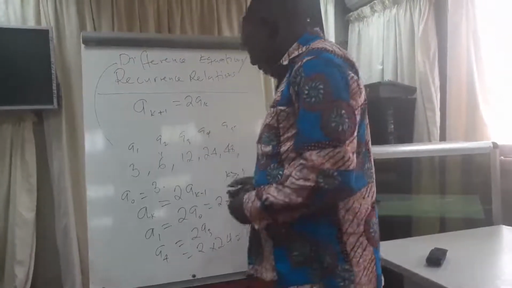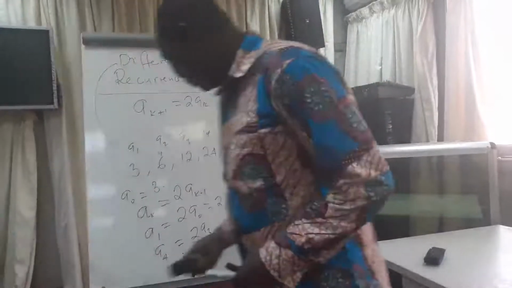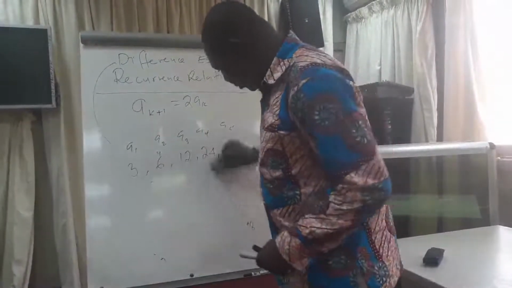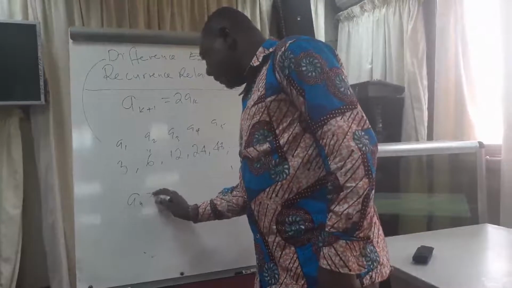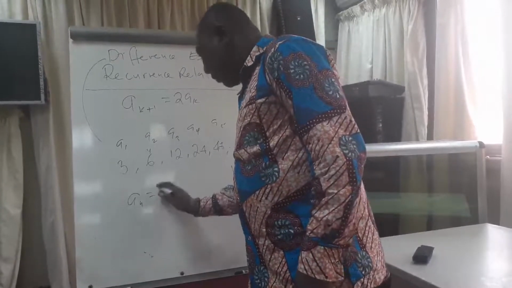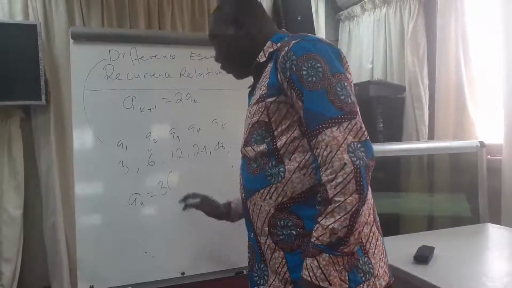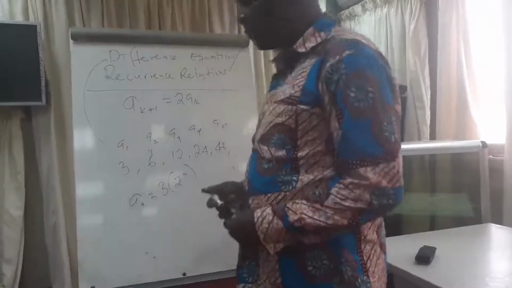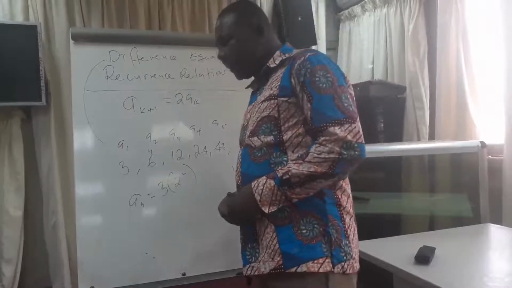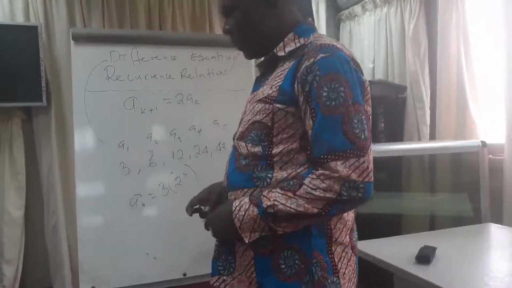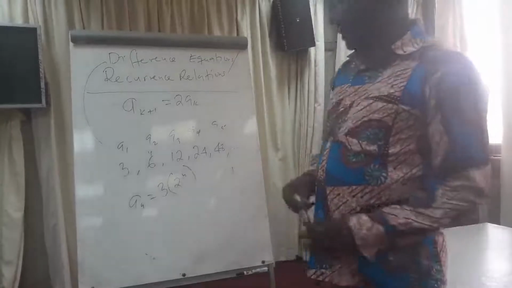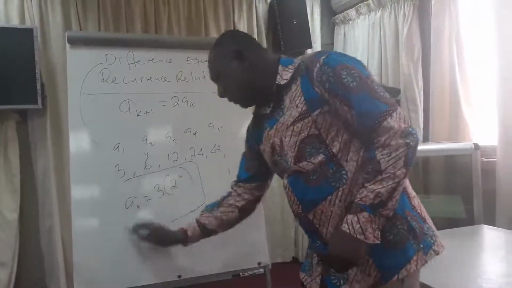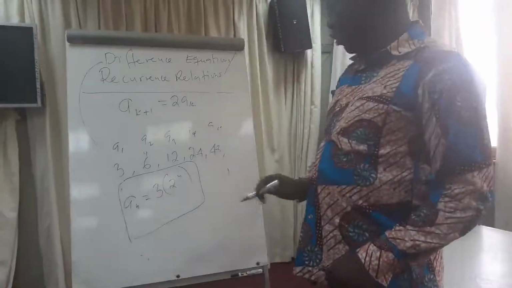Now, this may be different from what we have done already, so let me clean it. The function a_n equals 3 times 2 raised to the power n, which gives a formula for a_n as a function of n, not of the previous term, is called a solution of the recurrence relation.